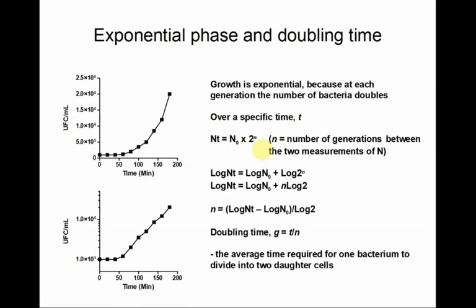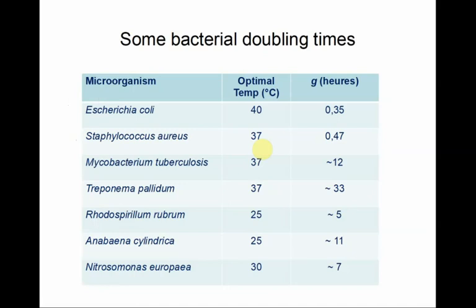Now, I've gone to the trouble of finding out the shortest doubling time observed for different types of bacteria. Generally speaking, in the laboratory, for lab classes and this kind of stuff, we'll be using bacteria that grow very quickly. That means they have a very short doubling time. So 0.35 hours is a bit more than 20 minutes.